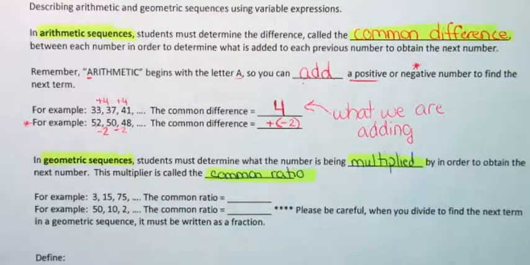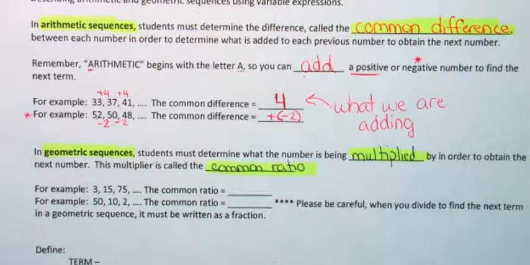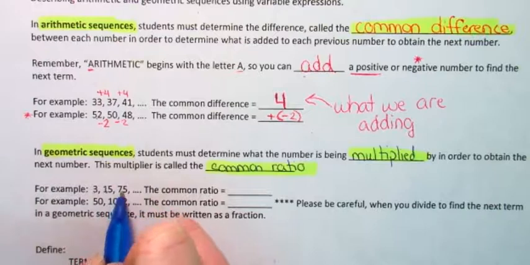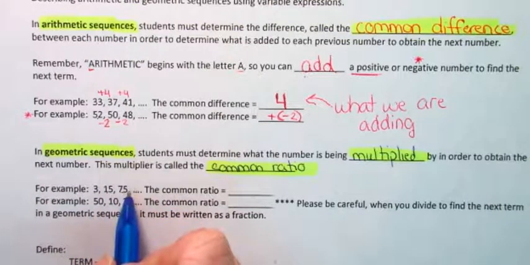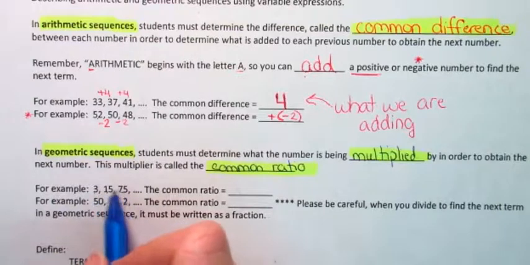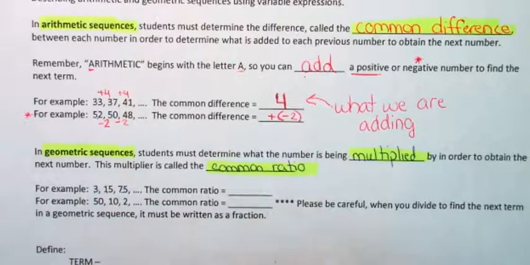If you have not already done so, please go ahead and get your calculator. For example, we have 3, 15, 75. Well, I can tell that got big fast. So in my mind, I'm thinking I probably wasn't adding something if I went from 3 to 75 in 3 numbers, so that must mean I'm multiplying something. Some of us are good at our facts and see right away what we multiply by. Some of us aren't.